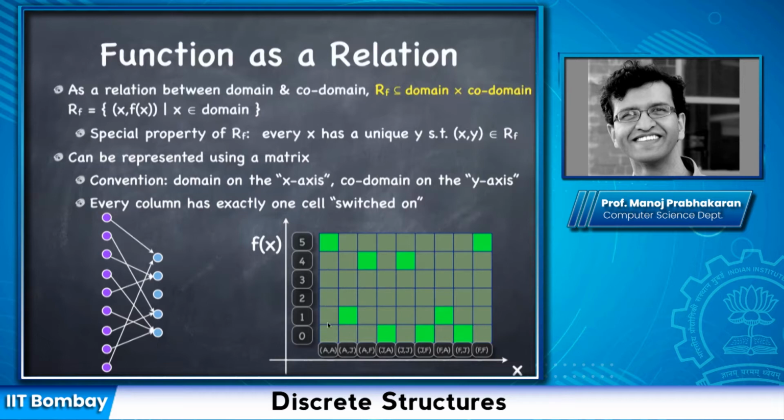So exactly one, right? You cannot have 0, you cannot have 2, 3, or more. You should have exactly one element per column. Okay, so this visualization works when your domain and codomain are finite sets, otherwise it doesn't quite work, but you could still informally use this kind of representation.